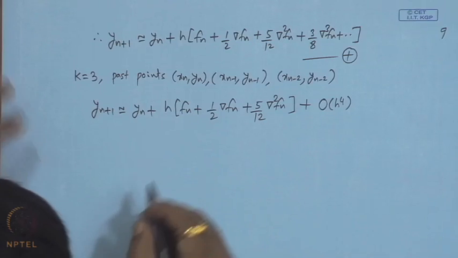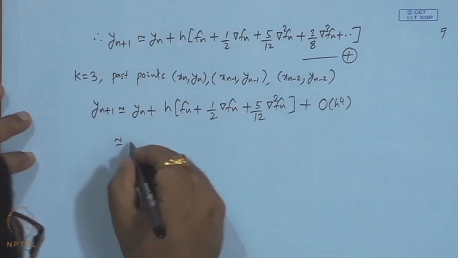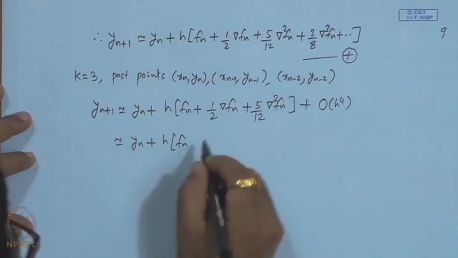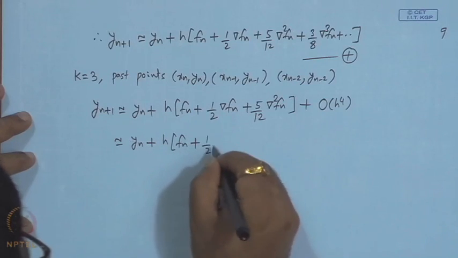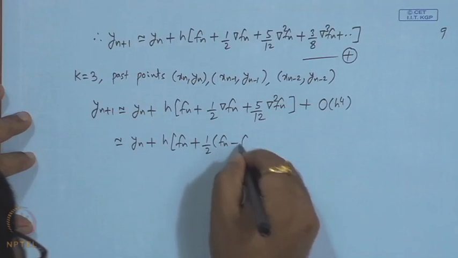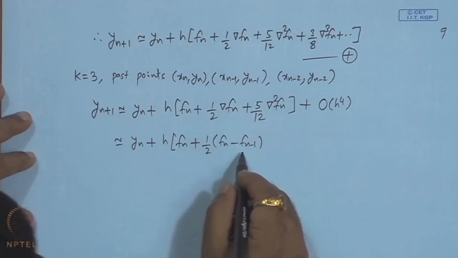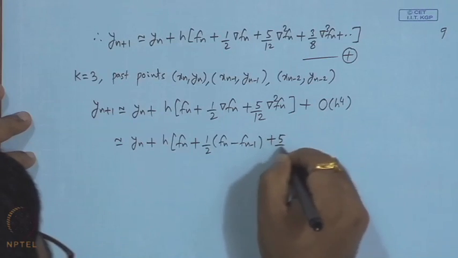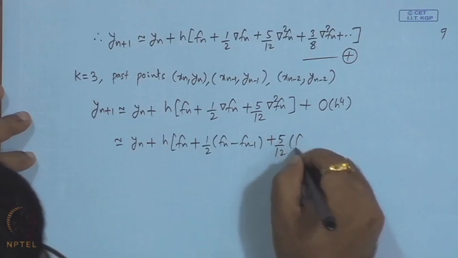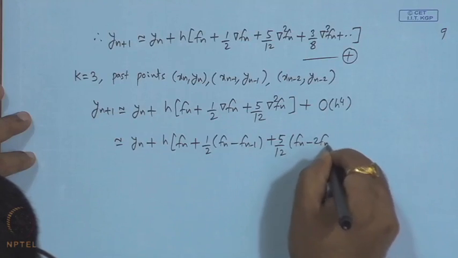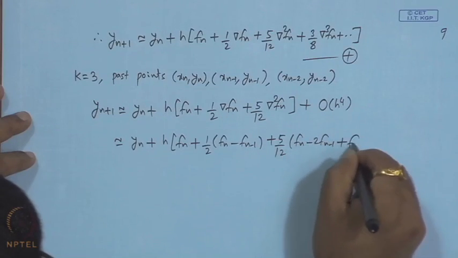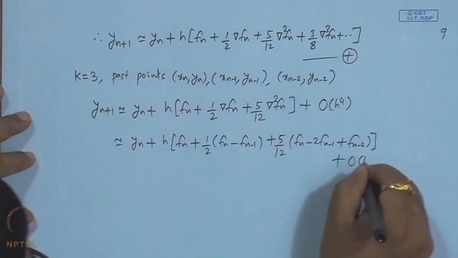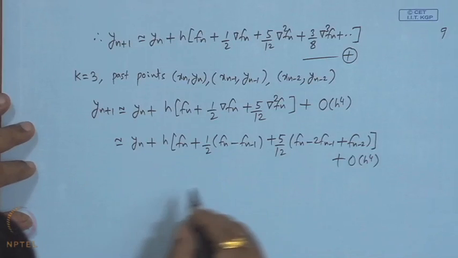Okay. So, now we have to expand. So, the first order difference, the backward operator, has been expanded. Okay.